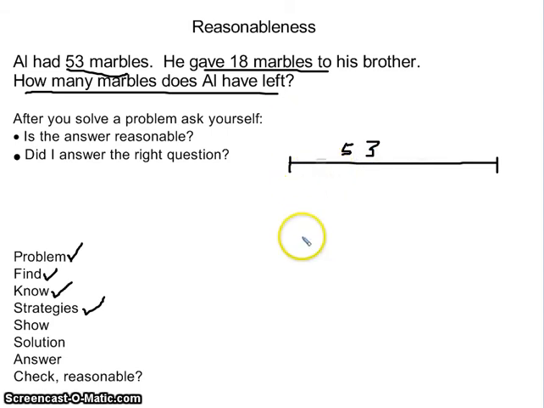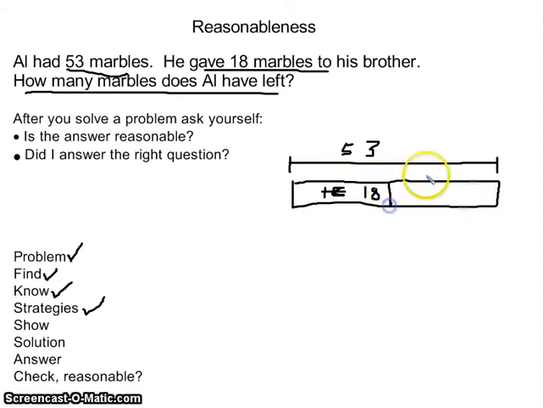Now, he gives 18 to his brother, so of those 53, 18, that's a little messy, but should be 18. There we go. 18 are given to his brother. And the rest, I don't know. This is how many he has left. 53, here's your 18, and here's how many he has left.